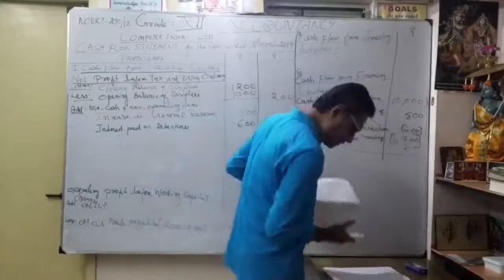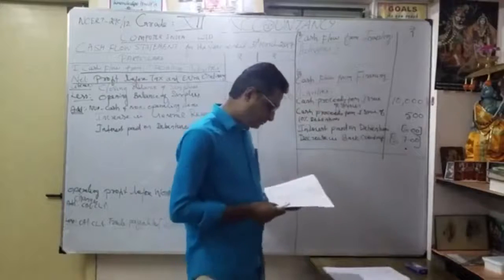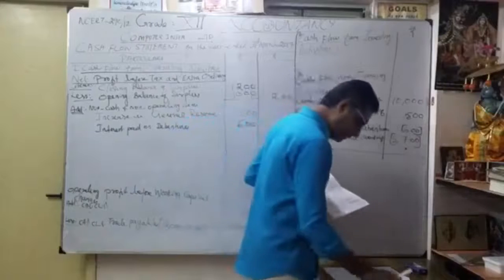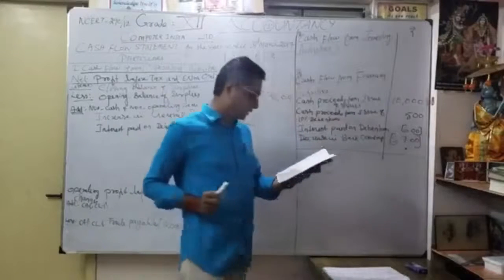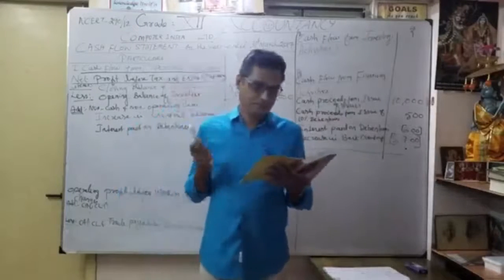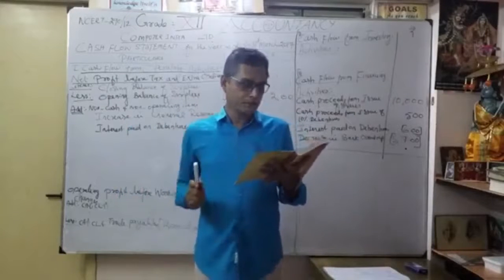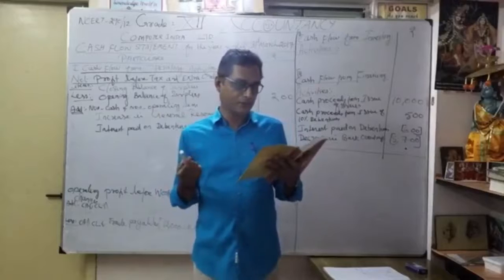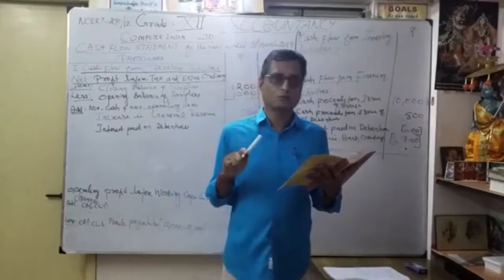Right? Thereafter, what next? Short-term provision. Here should be very careful. So short-term provision. See note number 3. What they given? They are given two short-term provisions. One is provision for taxation. That is 2016 3,000, 2017 4,200.